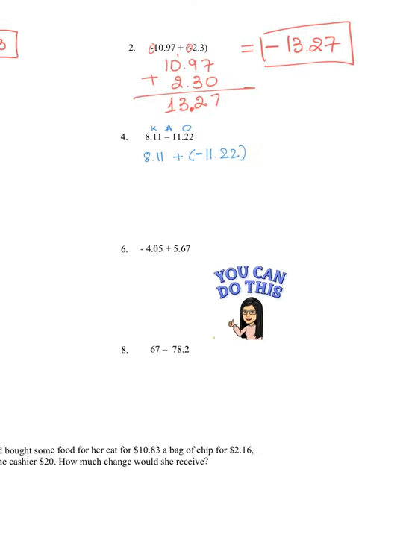So we're going to subtract for this problem. 11.22 subtract 8.11. 2 minus 1 is 1. 2 minus 1 is 1. 11 minus 8 is 3. Okay? The answer will be 3.11. Keep the sign of the higher number. So 11 is higher than 8. So the answer is negative 3.11.